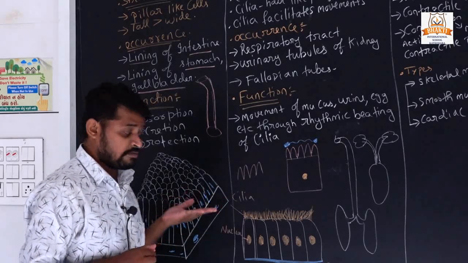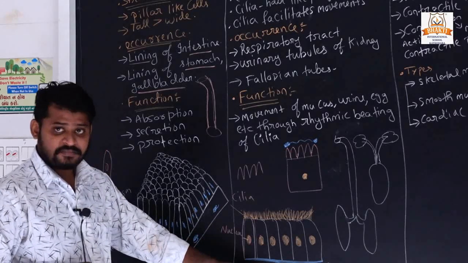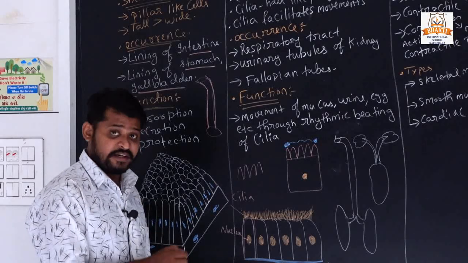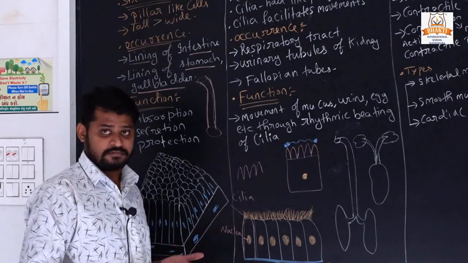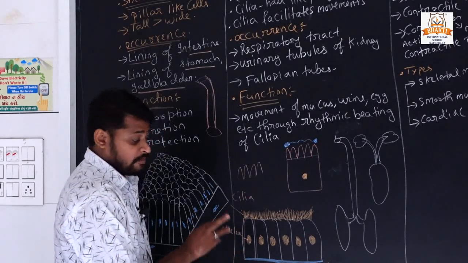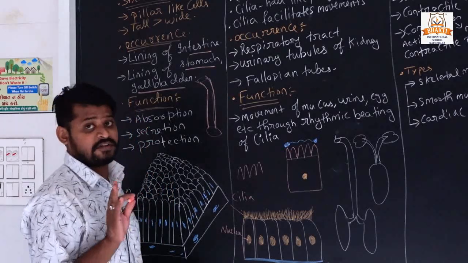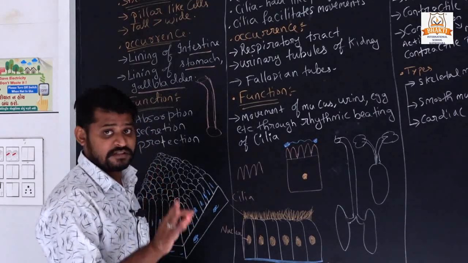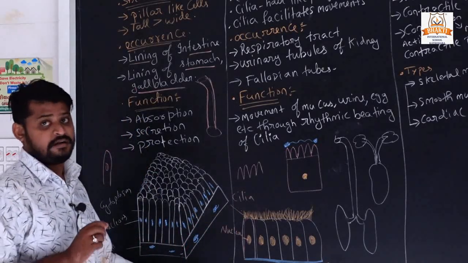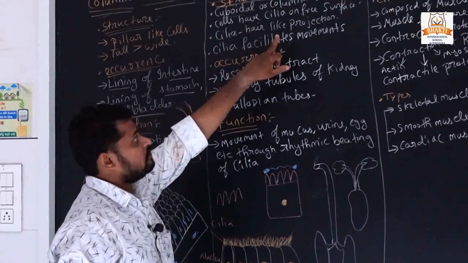We all know epithelial tissues need a base membrane as a supporting surface, but where no such surface is present, where there is a free surface, the ciliated epithelial tissues are present there. And the second point, the cells have cilia on the free surface.